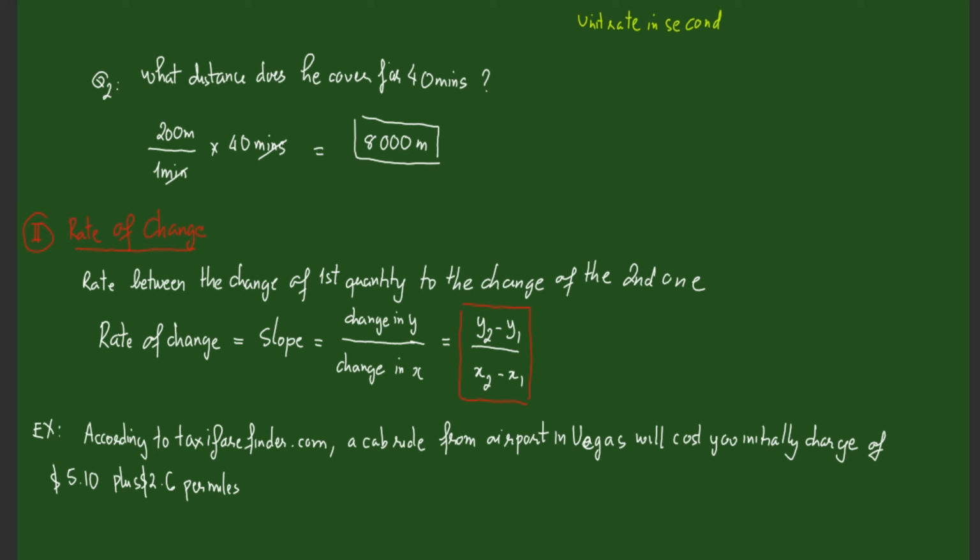The question is, use this information to set up the table for the total cost at various distances.